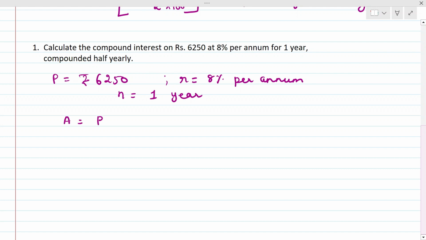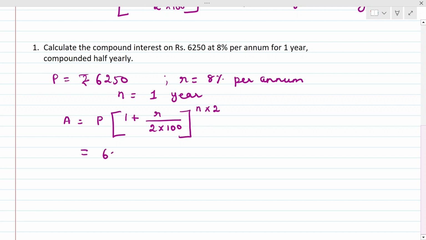A equal to P into, I am writing the half yearly formula, 1 plus R by 2 into 100, R by 2. That is, I am making half of that R, the whole power N into 2. That is, N is the given time period, I am doubling it.